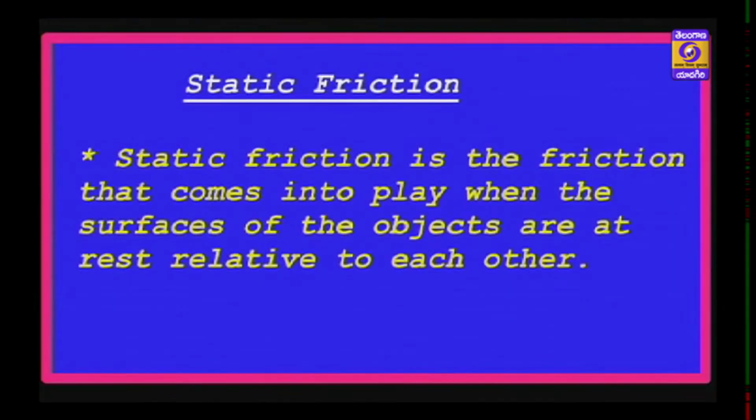The first one is static friction. Static friction is the friction that comes into play when the surfaces of the objects are at rest relative to each other. Let us look into the second type of friction, sliding friction.